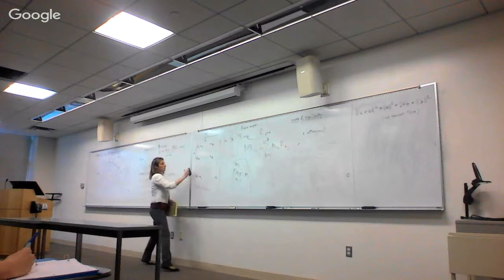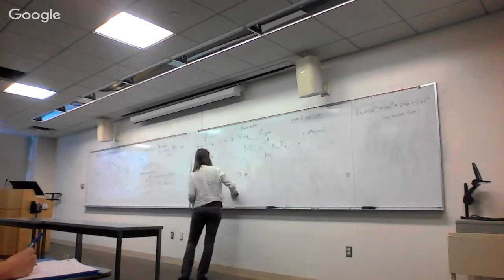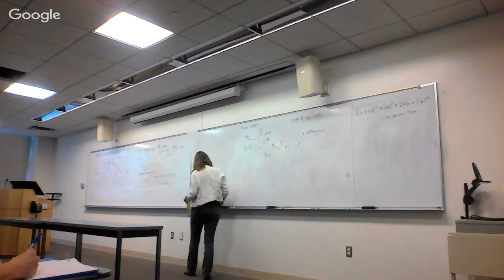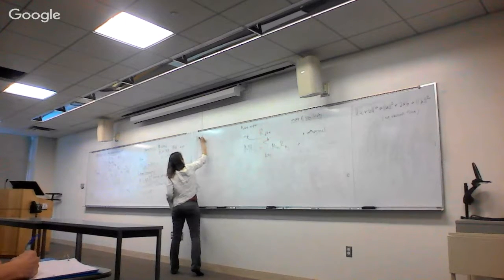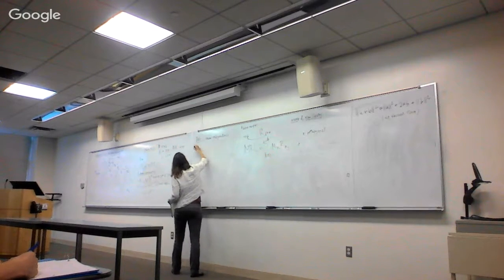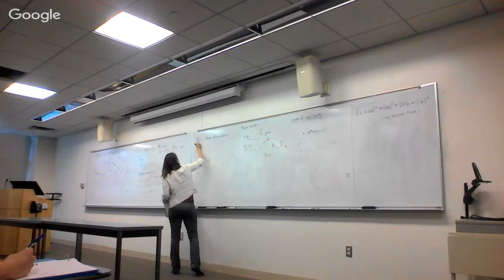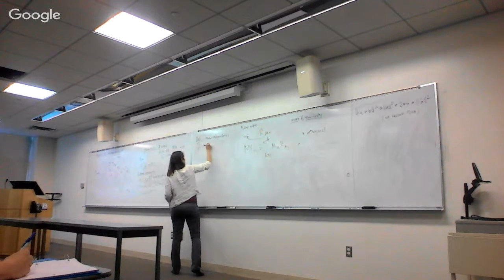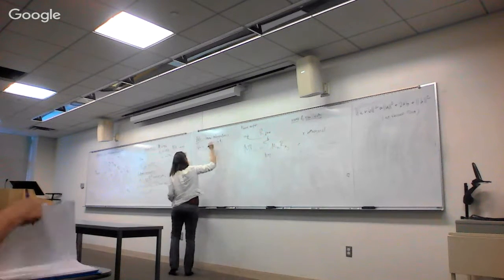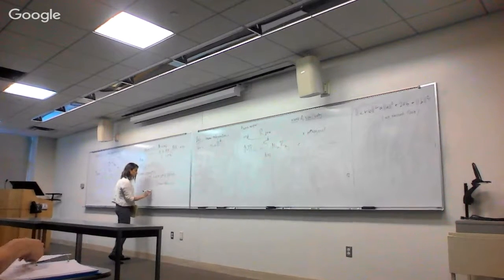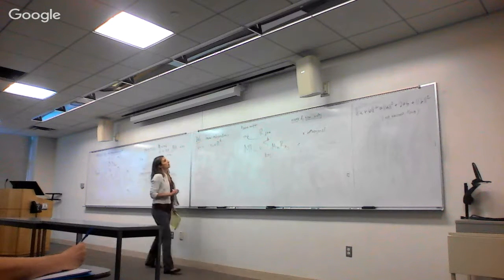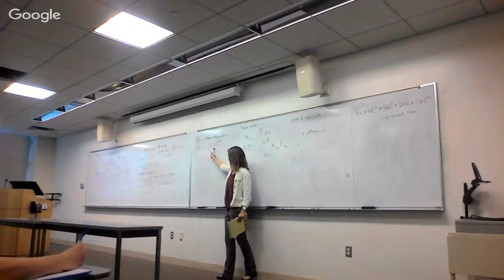So then we can talk about linear independence. We start with a set of vectors. It's a very special property.